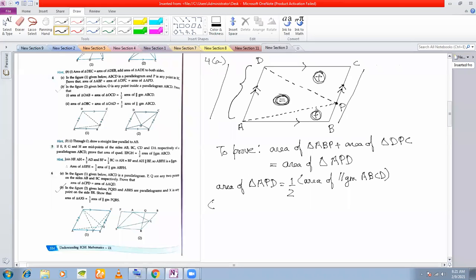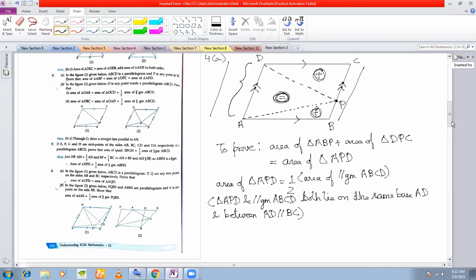The reason is triangle APD and parallelogram ABCD both lie on the same base AD and between AD parallel to BC. Okay, so this part is okay.